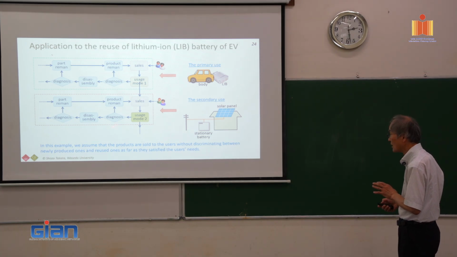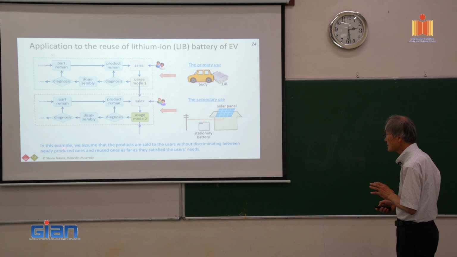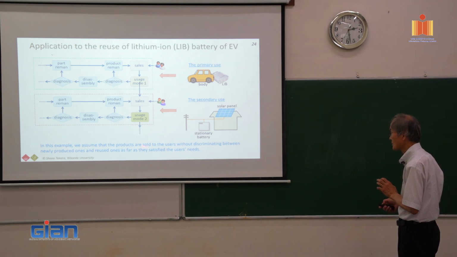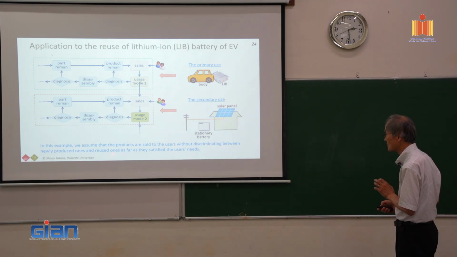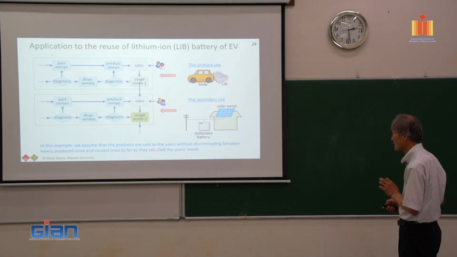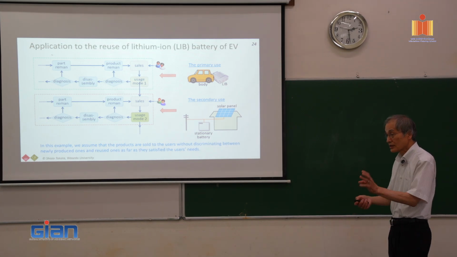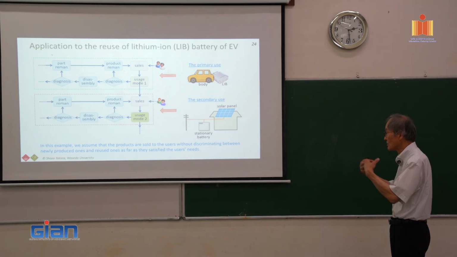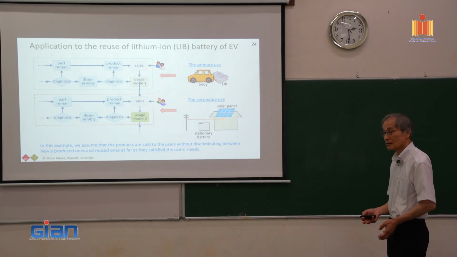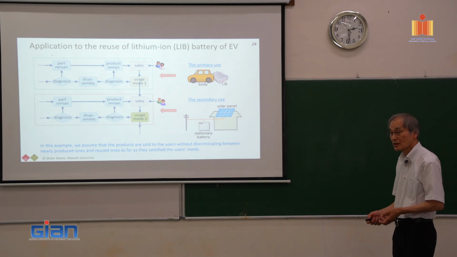In this example, we assume that the products are sold to the user without discriminating between newly produced ones and reused ones, as far as they satisfy the user's needs. So, depending on the user's requirement, we can provide the reused parts or reused cars.